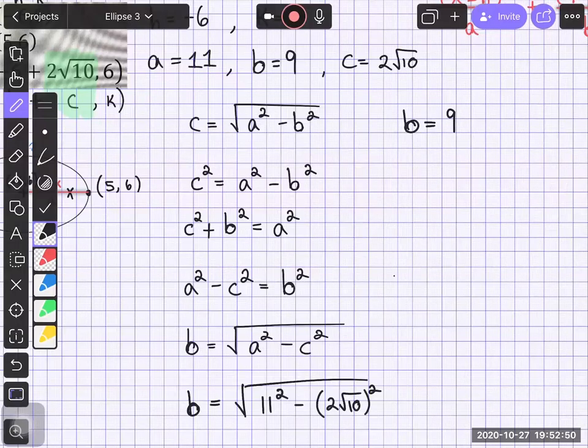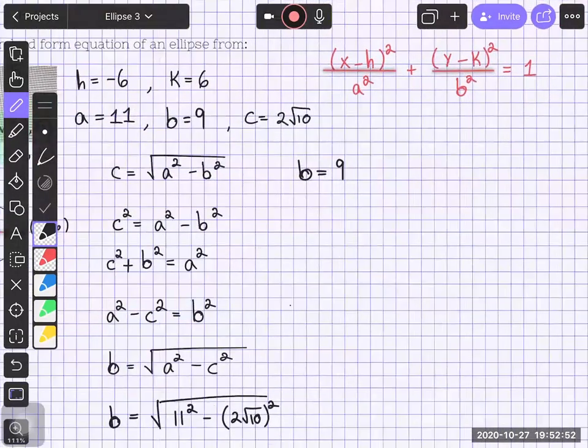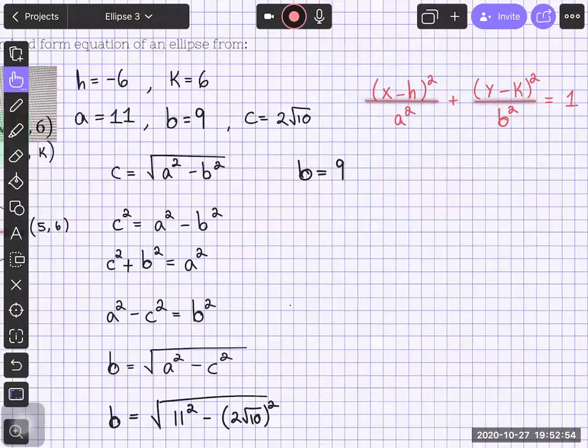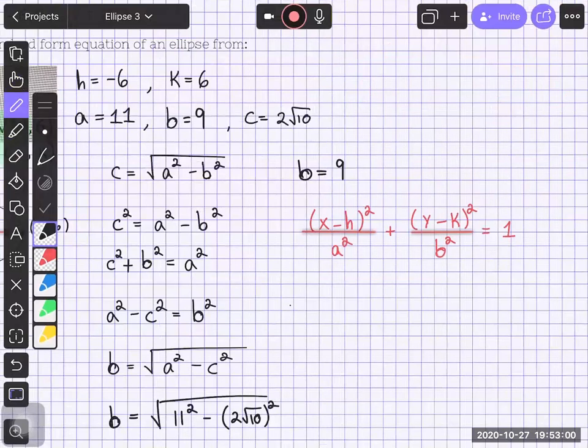And now we have all the information so that we can substitute in our equation here and put it down here and be done.